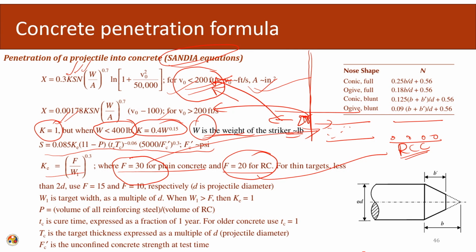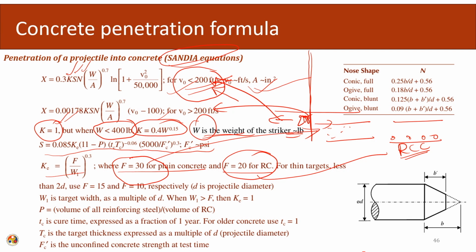The point to remember here is that we need to find an appropriate equation where whatever we are going to predict or use for our design purposes, those conditions should be met by this equation. So, depending upon our own conditions, we will have to choose the appropriate equation. Let us say I have RCC concrete, the concrete which has reinforcement, then I cannot use F equals 30, I will have to use F equals 20.